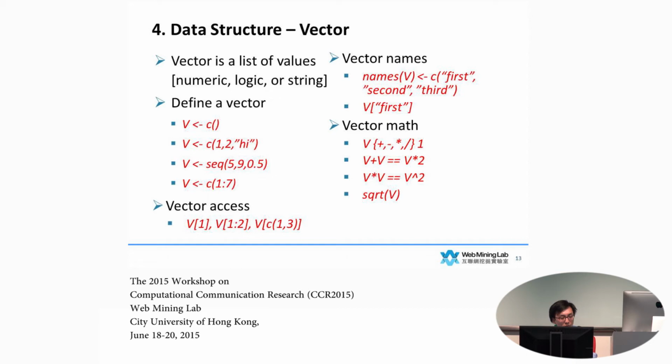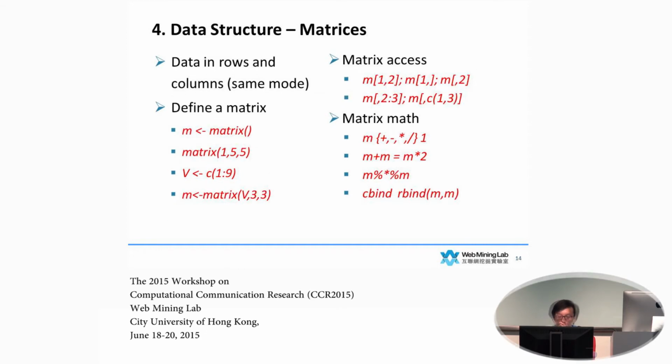That's too complicated. So here we can directly multiply by 2, and we can also calculate the square of V.